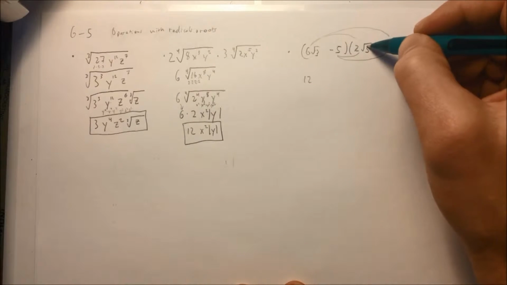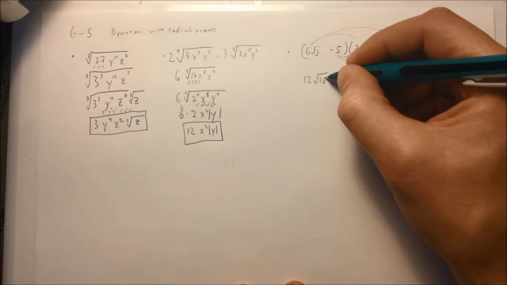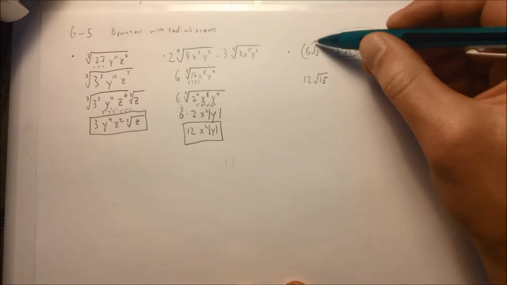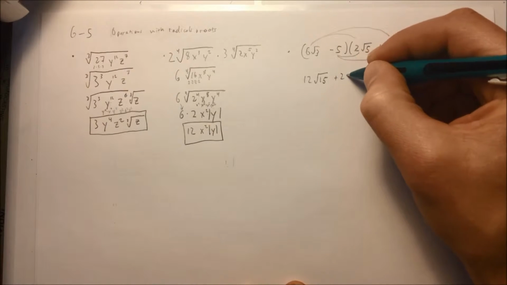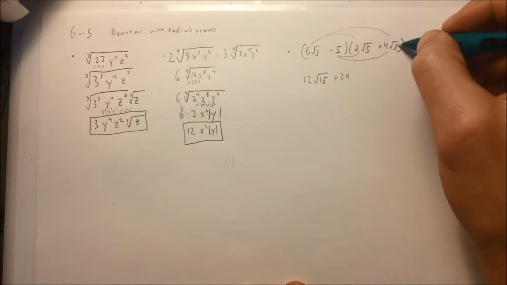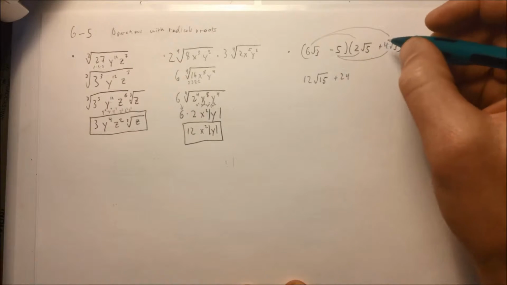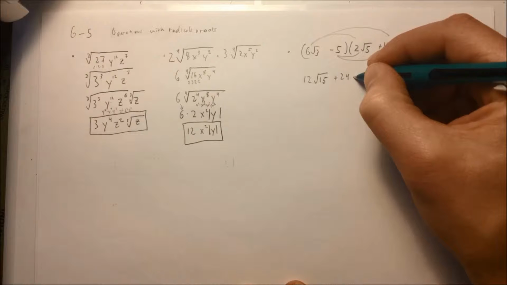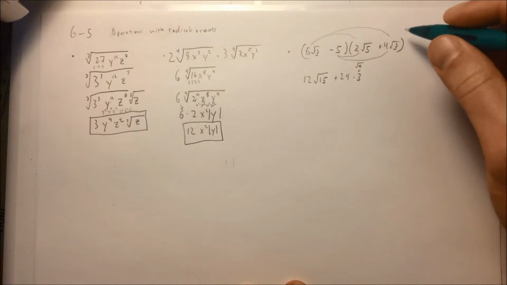Square root of 3 times the square root of 5 is the square root of 15. 6 times 4 is 24. Square root of 3 times the square root of 3, of course, would be the square root of 9, which is 3. We know it's the square root of 9, but I'm just going to write it as 3.